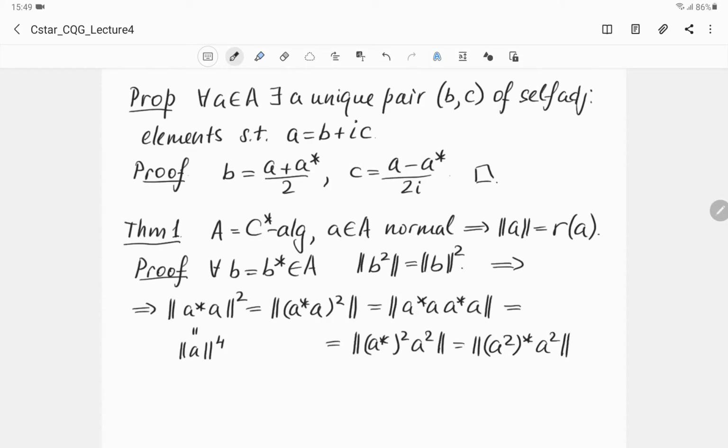And now we apply again the C-star axiom to the element a squared. And this gives us the norm of a squared, again squared.